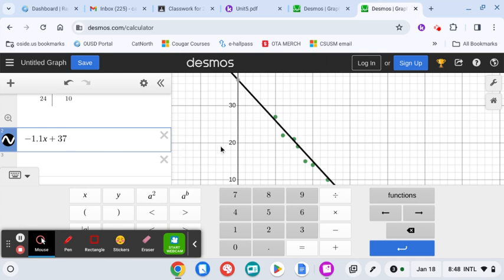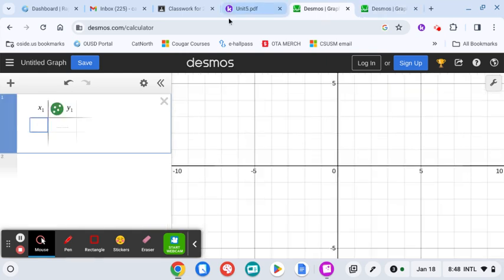And look, close enough. Now, is there a way with a more advanced calculator to actually let the calculator calculate this line of best fit? Yes, but we don't have that advanced calculator in this class. So just using Desmos, I was able to do a really quick guess and check, adjust it around to get my line of best fit.